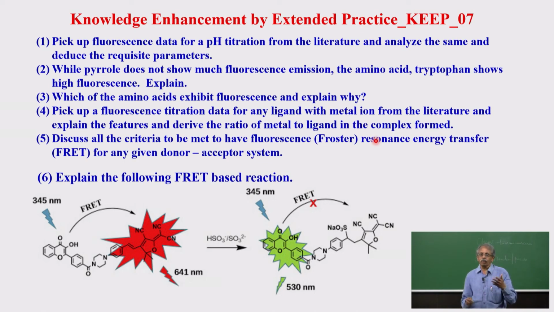I am using only 10 to 15% of the time, and the rest of the time, maybe 75 to 85%, I am using for examples in every topic. Those examples contain a lot of applications: applications based on inorganic chemistry, analytical chemistry, coordination chemistry, bioorganic chemistry, materials, nanosystems, nanocomposites.